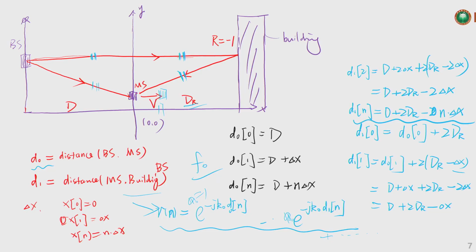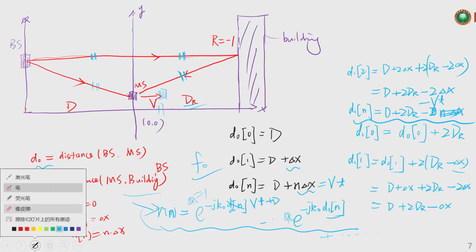So now we get delta x equals v times t. All right, so this one part is v times t and D plus d, and this term becomes minus v times t. Okay, so we can rewrite this part.